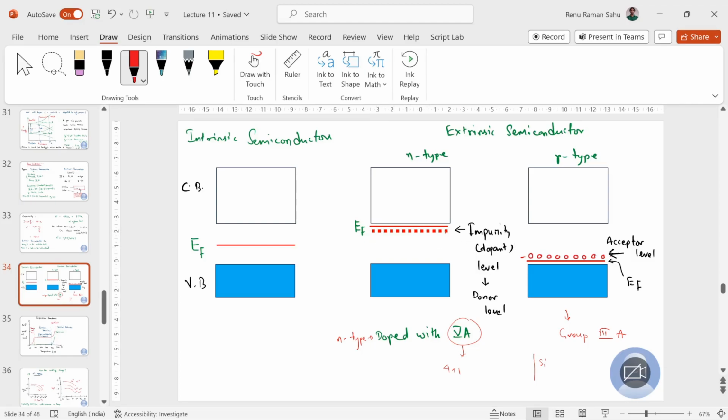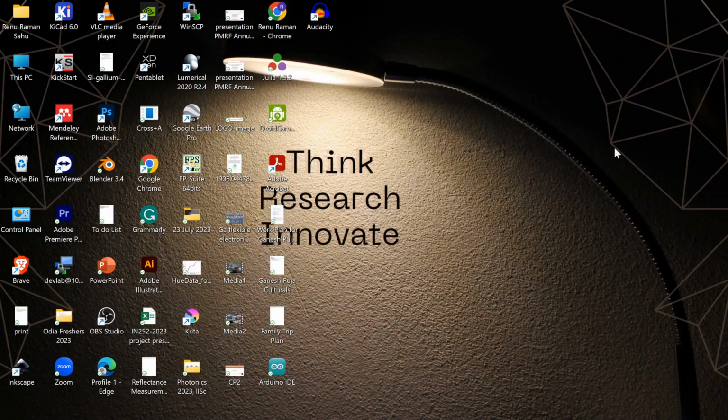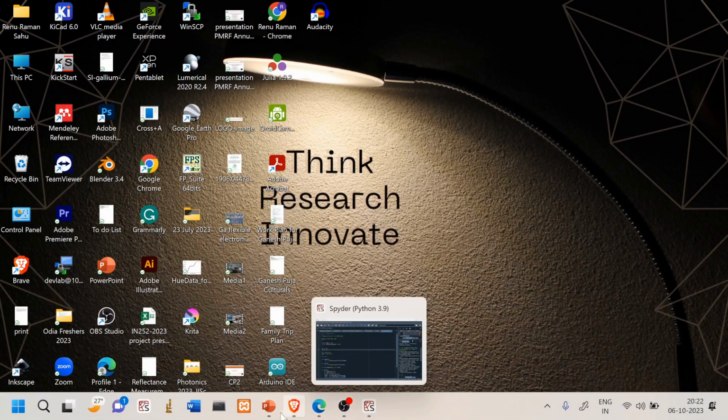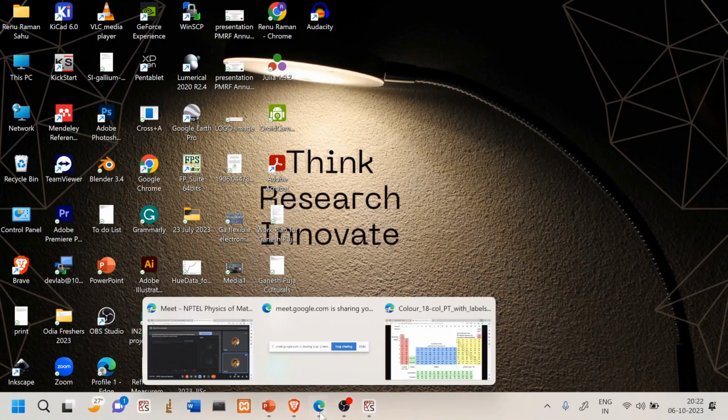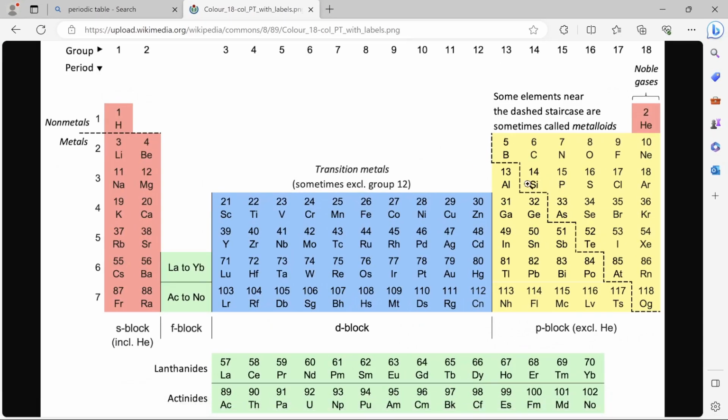You understood what is happening, right? Now for group 3 elements, let us say you have silicon and you put in a gallium impurity. Gallium has 3 electrons, silicon has 4.